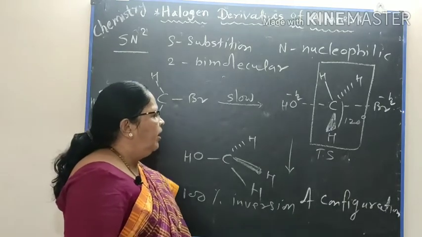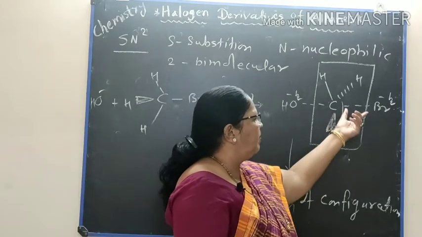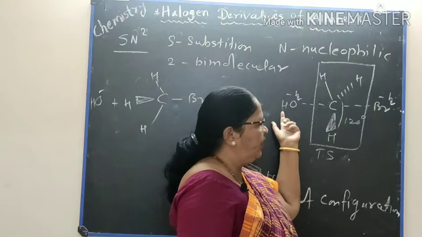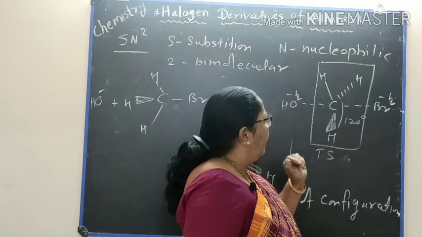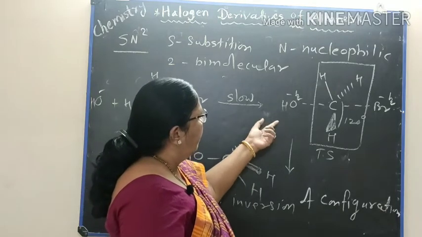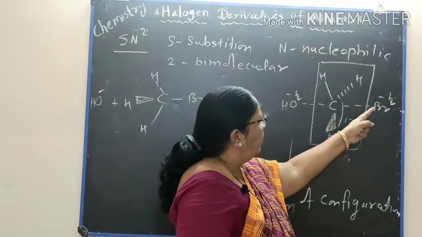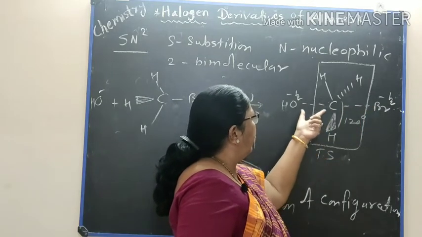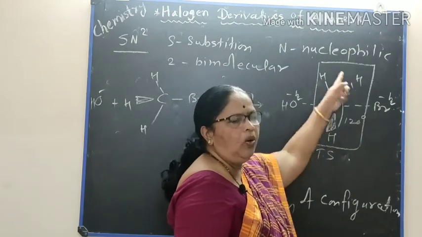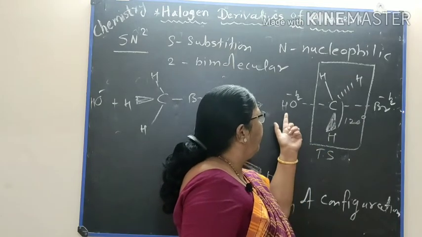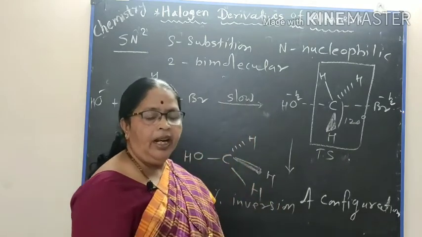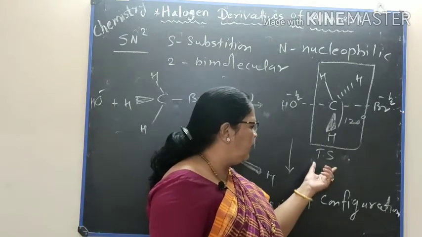After some time there is partial breaking of the C-Br bond and partial formation of the C-OH bond. The three hydrogen atoms lie in one collinear plane, perpendicular to the OH minus, C, Br minus axis. This is a high energy state called the transition state.